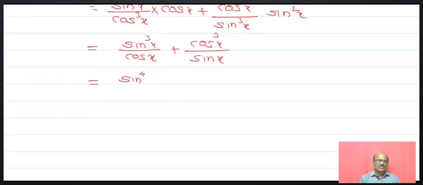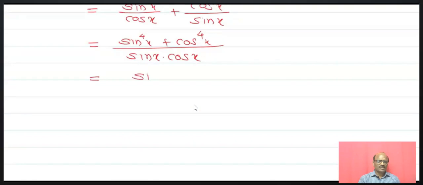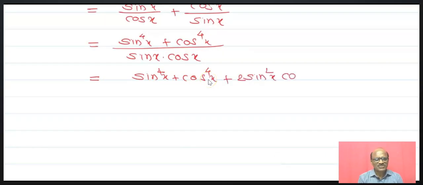Now the cross multiplication gives sin raised to 4 x plus cos raised to 4 x upon sin x into cos x. Now next, sin raised to 4 x plus 2 times sin square x into cos square x minus 2 times sin square x into cos square x.